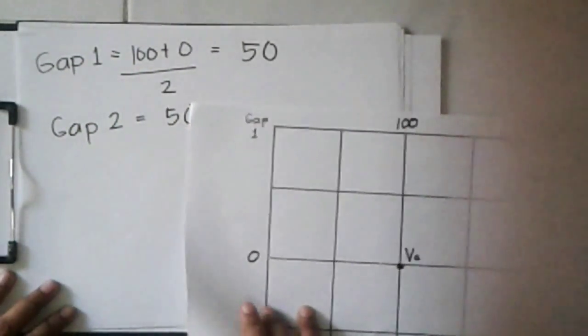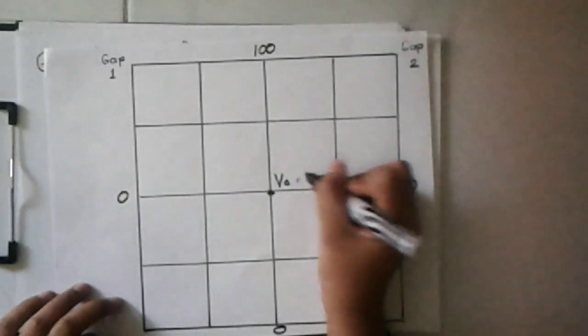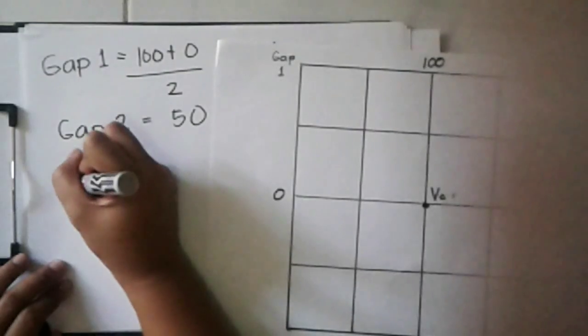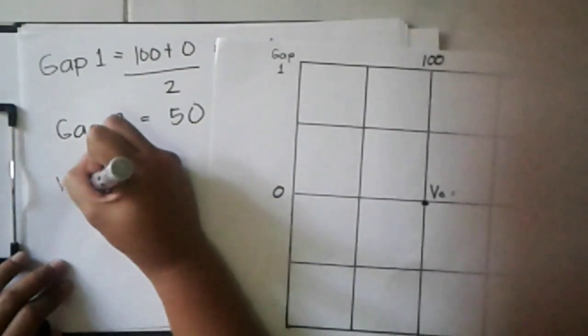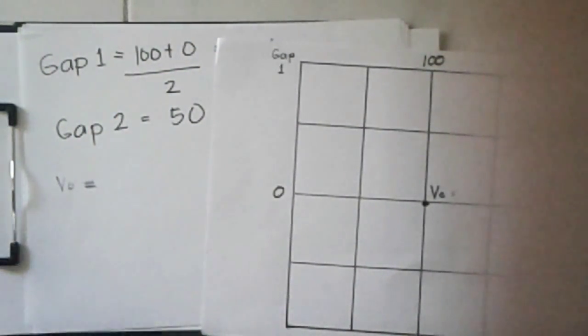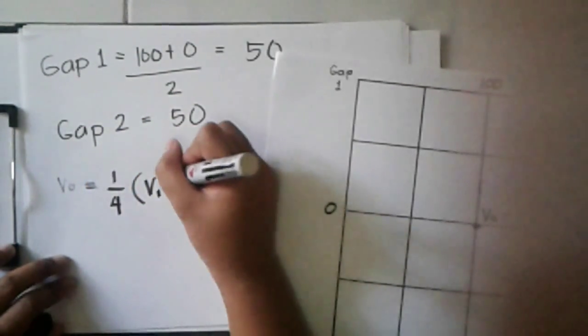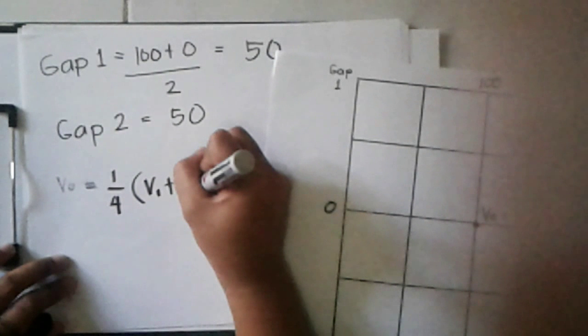To determine the value of V0, we shall use the formula V0 is equal to 1/4 (V1 plus V2 plus V3 plus V4). We have the value of V1 as 100, both V2 and V3 as 0, as well as V4. So we have V0 as 25.